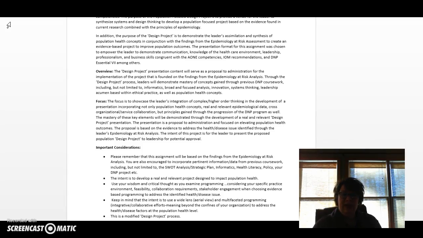You're going to be looking at informatics based on what you've done through your epidemiology risk analysis, and also what you've done with your SWOT analysis and your strategic plan, because everything ties together. So this assignment is really focused on integrating those concepts.